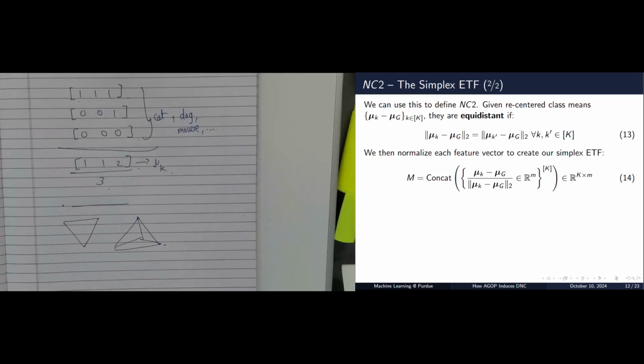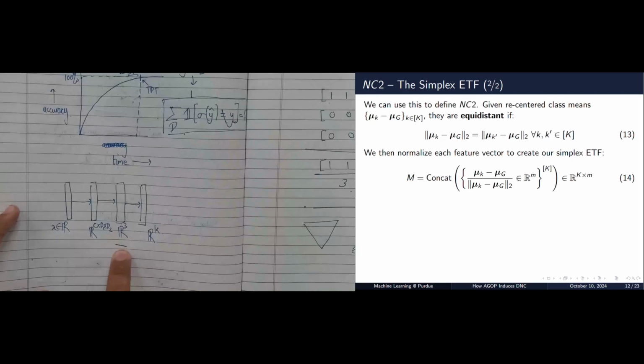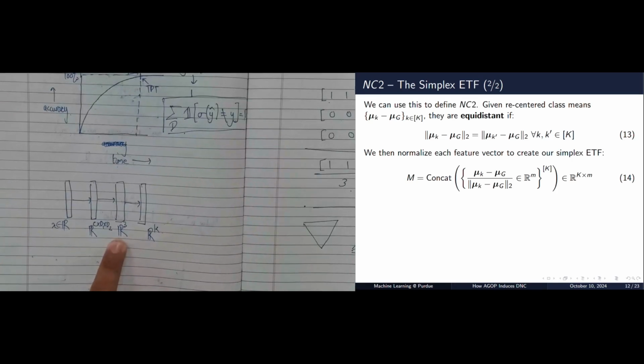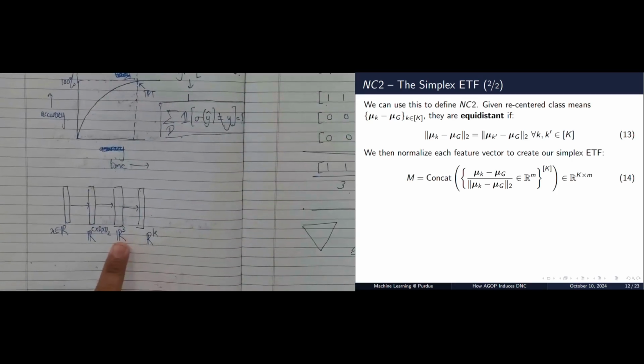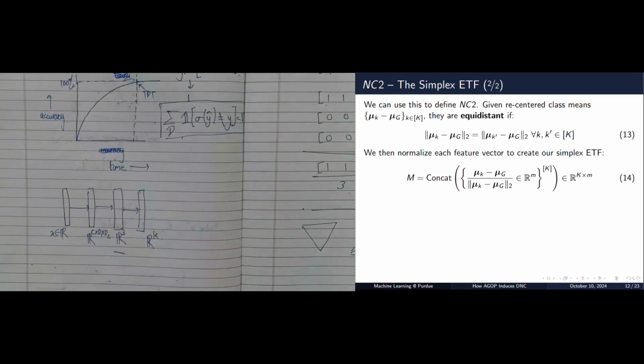So we basically defined a simplex ETF before, but now we have this feature space, and we want to say how close is this thing to an ETF. So we have to convert it into a form that we can directly compare to the ETF that we have defined. That's the procedure here, where we concatenate all of the normalized class features.